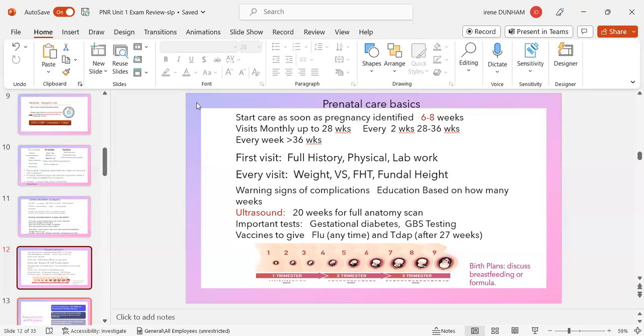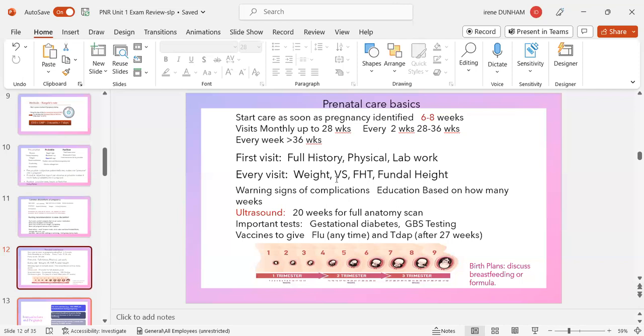But she has to come every week, because at every visit, you're always going to weigh your patient. You're going to do her vital signs. We're going to listen to fetal heart tones, and we're going to do fundal height. Now, weight is very significant, because if she's starting to swell and retain fluid, you're going to see her weight go up very fast.